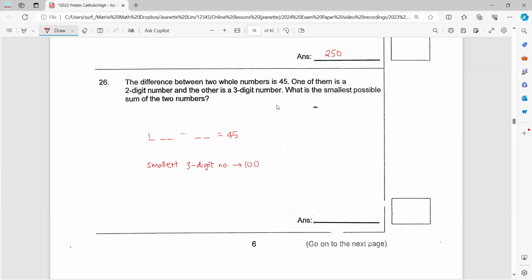So if this is 100, what is the other number? So 100 minus 45, which is 55. So this is 55. But we're looking for the sum. So 100 plus 55.